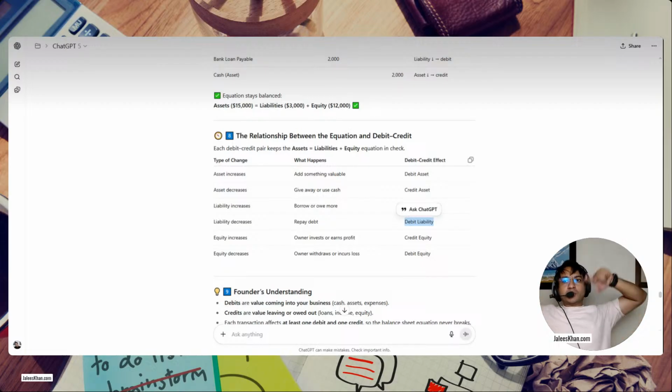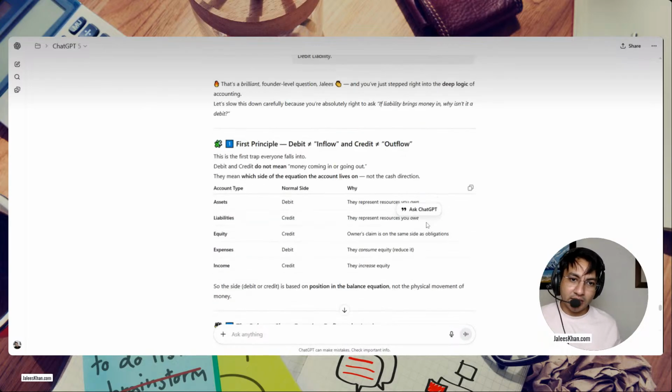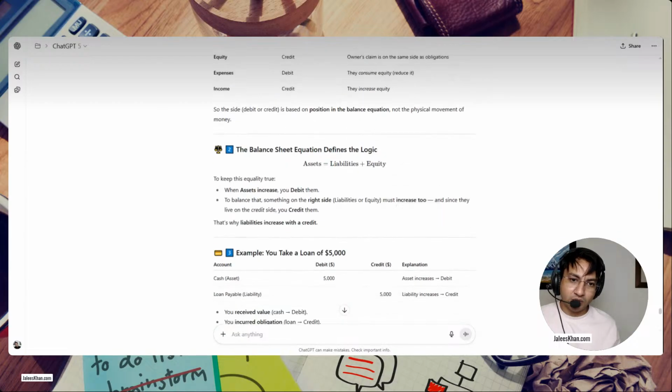It is just showing the transaction between this equation. If one side is going to be debited, like this one in this equation, and if this side is credited, then there has to be a change of debit, or vice versa.